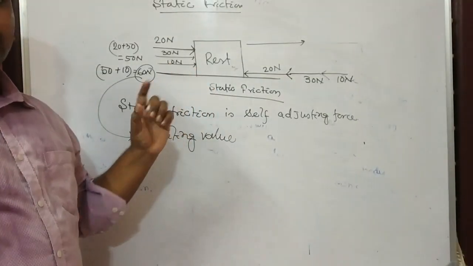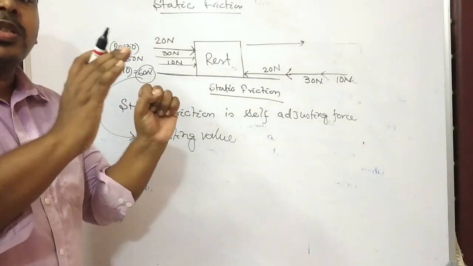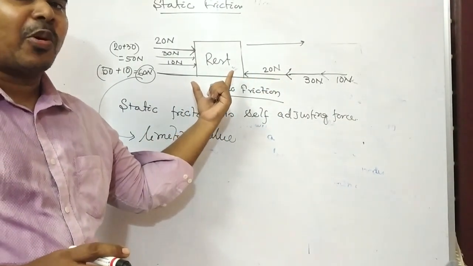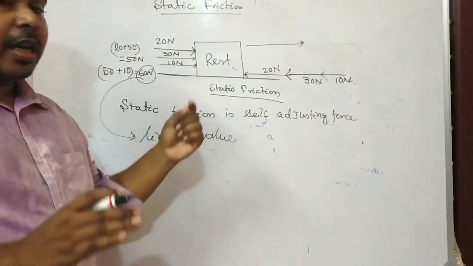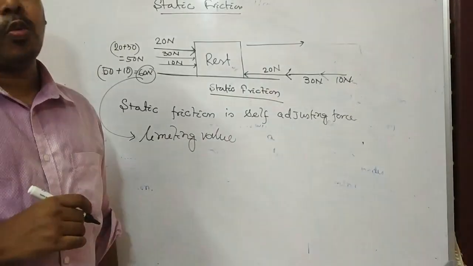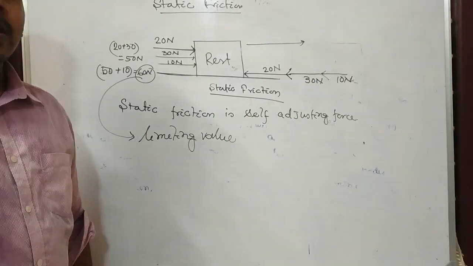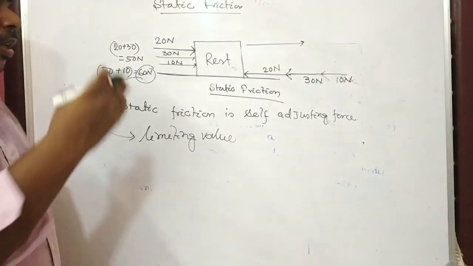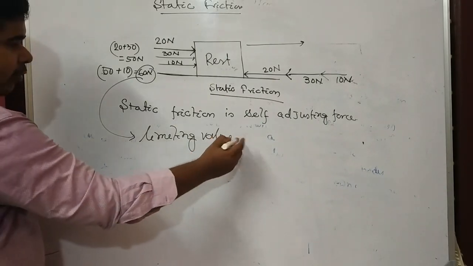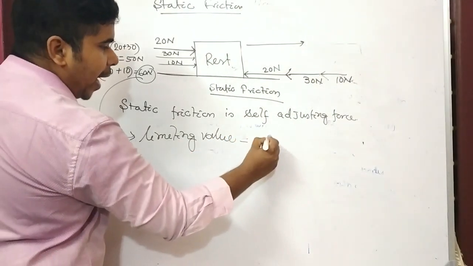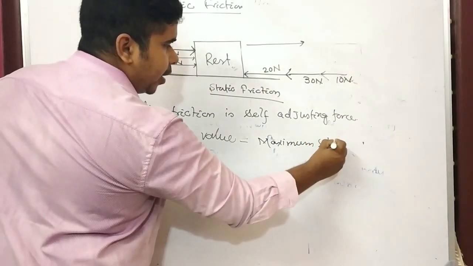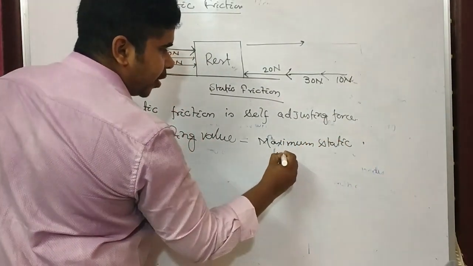Till the body starts moving, when it is almost ready to start, the friction that works is known as static friction. That is written in the definition also. This limiting value is known as maximum static friction.